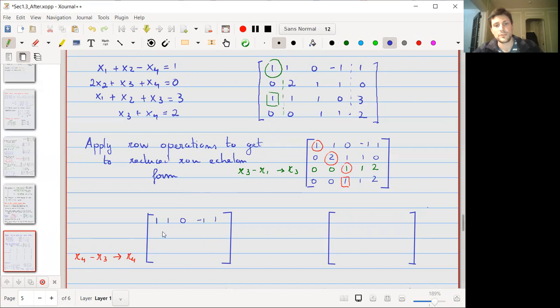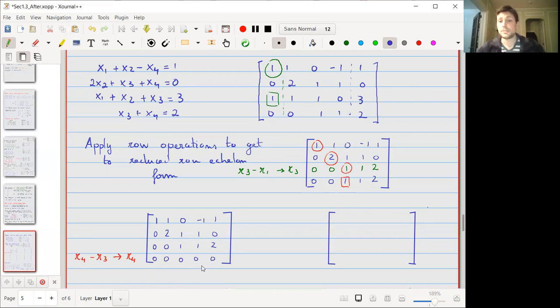Minus 1, 1. The first two rows are unaffected, so I will just copy them. The third row also is not affected by this process. And now I subtract the third row from the fourth, but they coincide. So when I subtract it, I get a row of zeros.